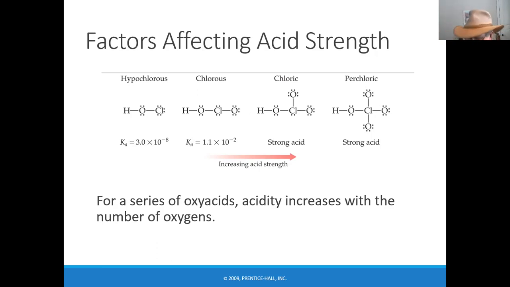All right, bottom line. If you don't want to think logically like that, if you just want to memorize it, write this down. If the hydrogen is directly attached to the element, then the stronger acid is the element with less electronegativity. As you go down the periodic table, electronegativity decreases, so you increase the acid strength.